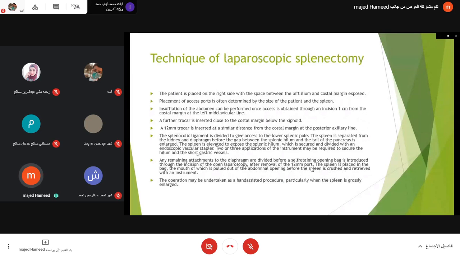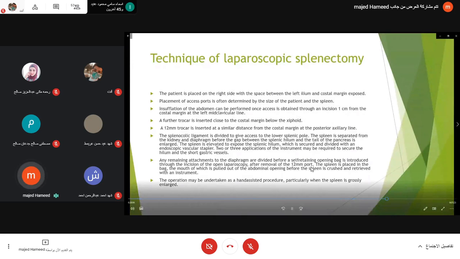Technique of laparoscopic splenectomy. The patient is placed on the right side with the space between the left hilum and ilium and the costal margin exposed. Placement of access ports is often determined by the size of the patient and the spleen.